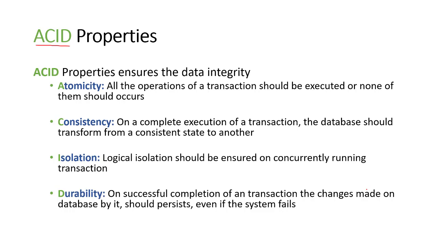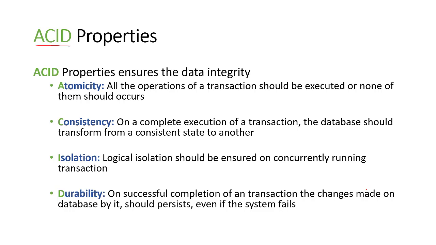Now, in case of transaction, when a number of transactions are occurring concurrently, concurrently means simultaneously. Suppose there are two transactions, transaction 1 shouldn't hamper transaction 2, and transaction 2 should not hamper transaction 1. So this is the logical isolation or the isolation property.